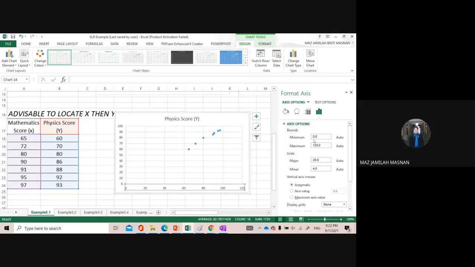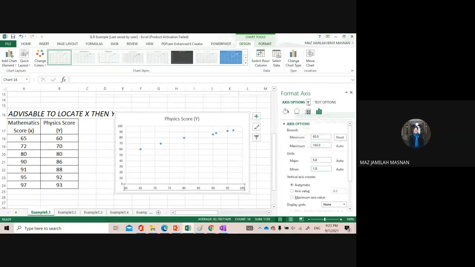Here it mentions 0. The lowest is 65, so I want to make it 60, for example. The maximum for X is like 97, so I'll just put 100. So that is finished for my horizontal.